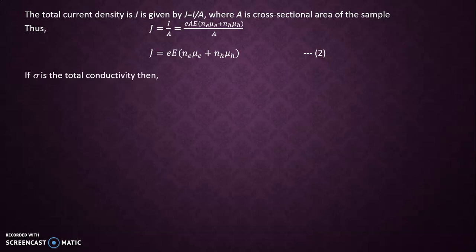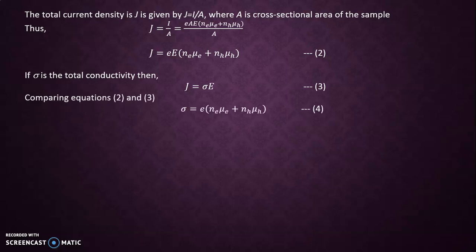Then if sigma is the total conductivity, then we can write, by the modified Ohm's law, or we can say the vector form of Ohm's law, J is equal to sigma E. Now both are equations of current density, so just equate them. Then by comparing equation 1 and 2, sigma is equal to e in bracket n_e mu_e plus n_h mu_h.